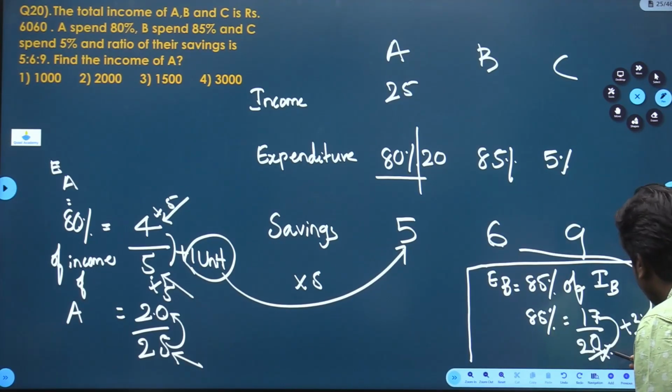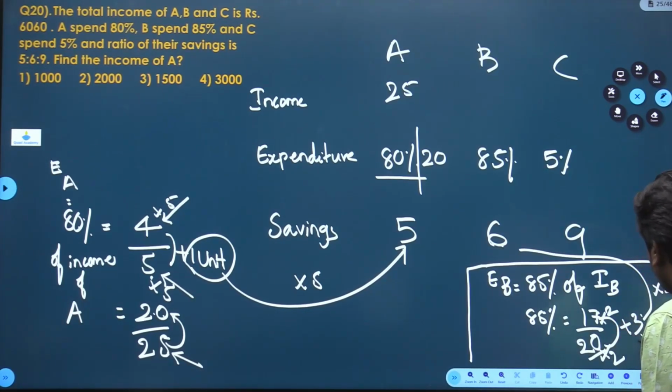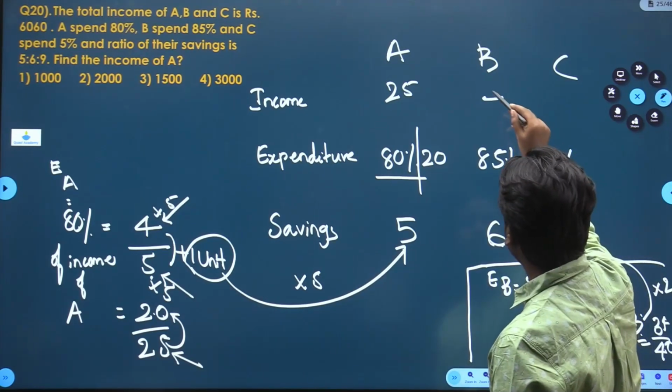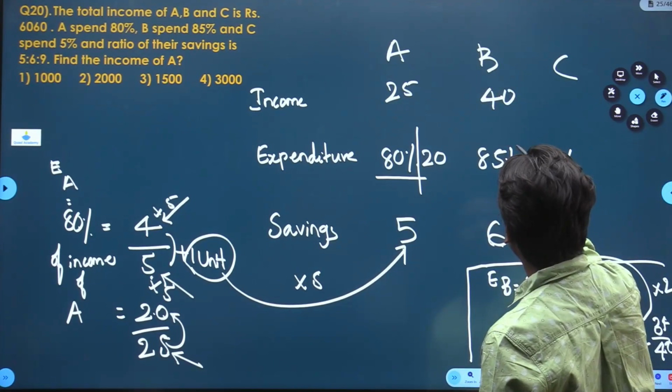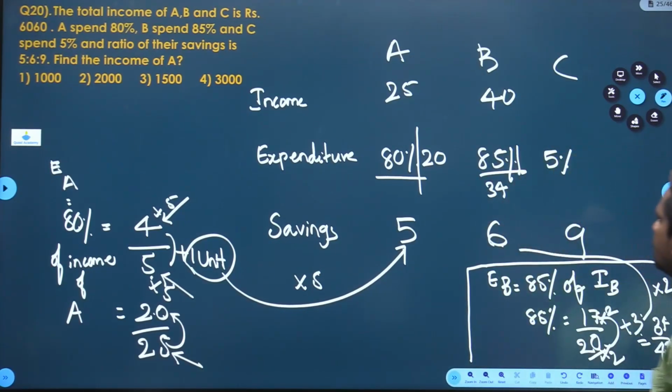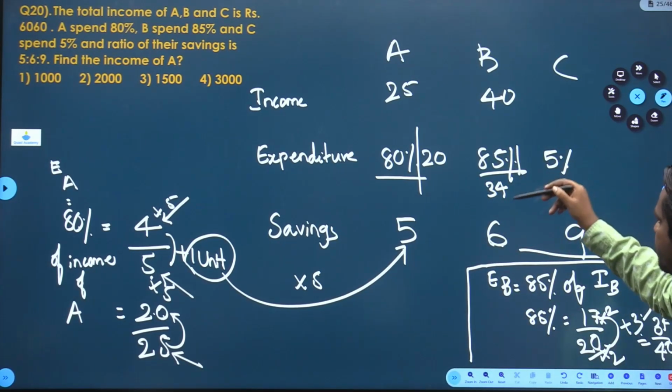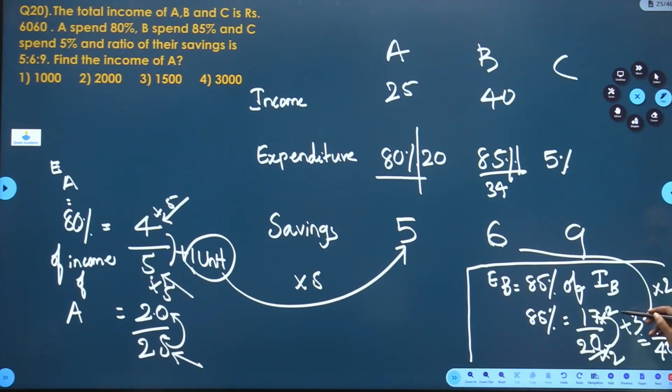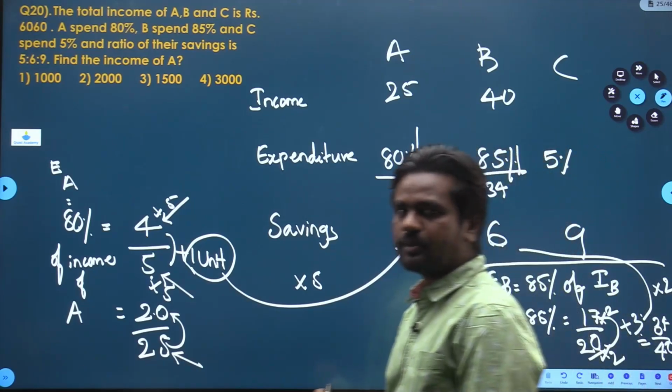You multiply this by 2, so you get 34 by 40. Write 40 as income and 34 as expenditure. 40 minus 34 equals 6. We have made this proportional.